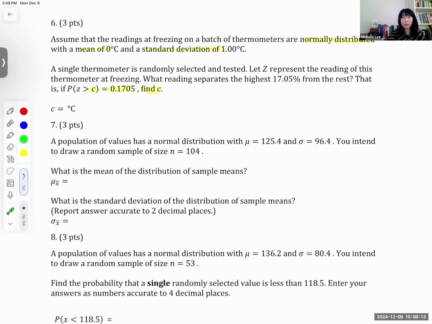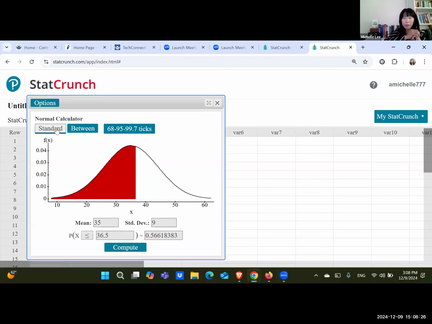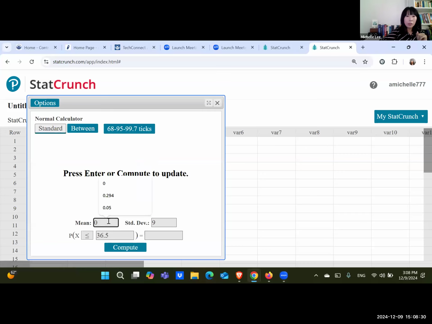Let us do this. All right, so standard, right? Mean equal to 0, and standard deviation is 1, and the z is greater than the number, so we don't know.